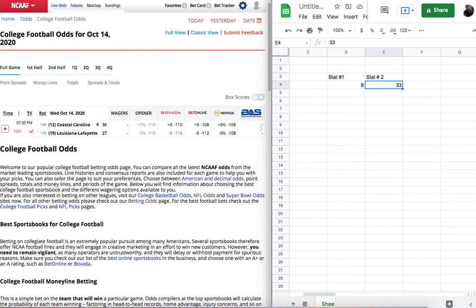But here's the problem: 33 compared to the 8 is not a realistic spread line, right? A big difference from the 8. So how do we get that 33 to look like the 8?